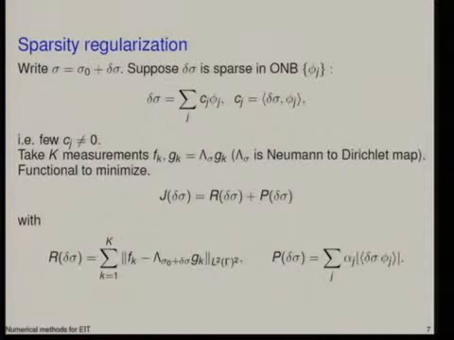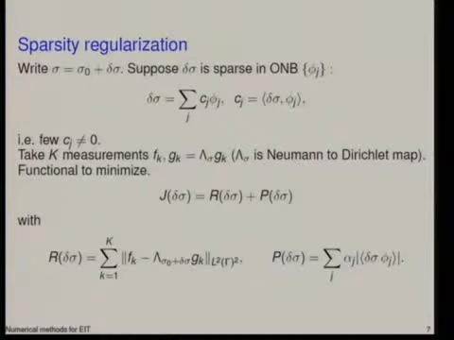So this R term that comes here is quite simple. It takes our measurements f_k and g_k, and what we evaluate is, for some delta sigma that we could put into the problem, we solve the forward problem given the g_k, and compare that to the f_k that we measured. So that's the way this looks. I believe there should be a square here, just down here. So this is just the L2 norm on the boundary where we actually do the measurement.